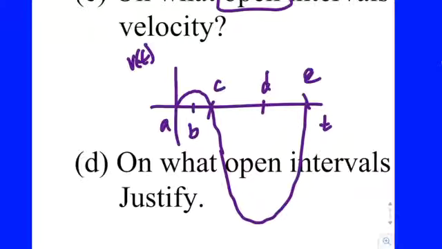And of course, the answer to that is what? D, right? Speed is the greatest at D. If it said, at what value of t is the velocity the greatest? It would be B, right? If it said, at what value of time is the velocity portrayed in purple? That would be on the closed interval from A to B. Very good. Yeah, you won't have that question.